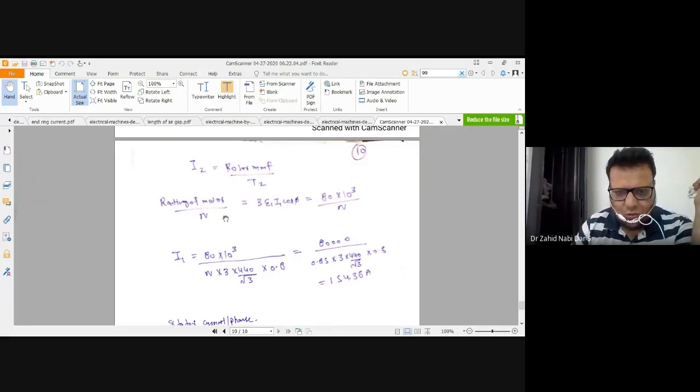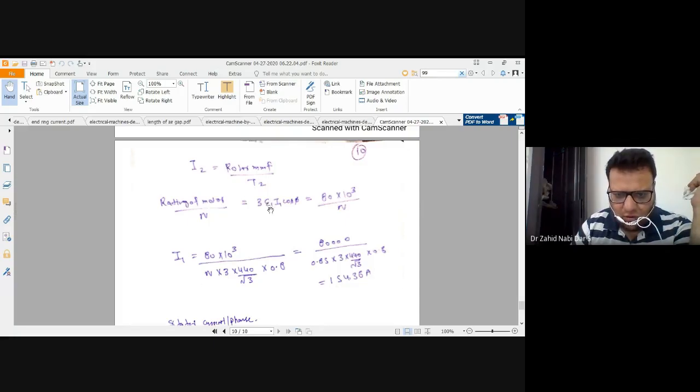So 3 times E1 I1 cos phi is equal to the rating of the motor, that is 80 kilowatt, 80 into 10 power 3, divided by efficiency. Now you want this value I1, so from this formula I1 would be equal to 80 into 10 power 3 divided by efficiency, divided by E1.